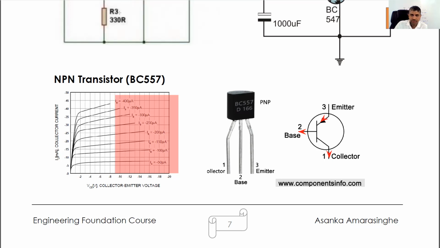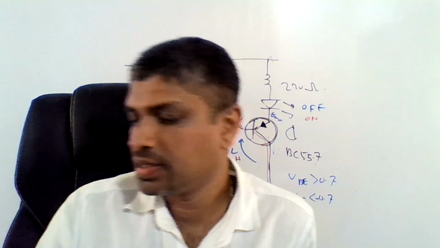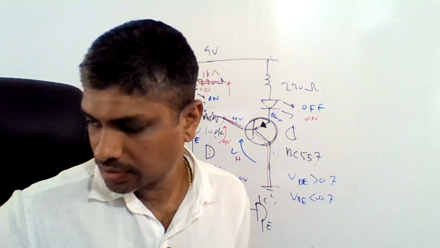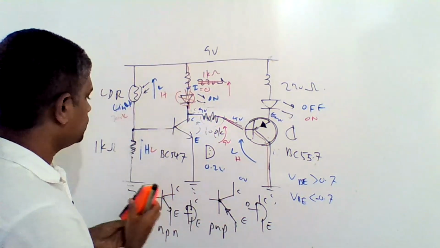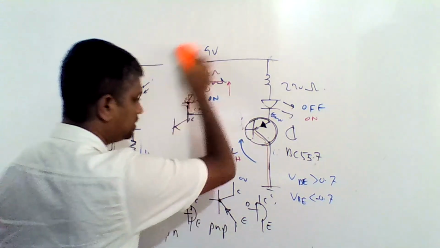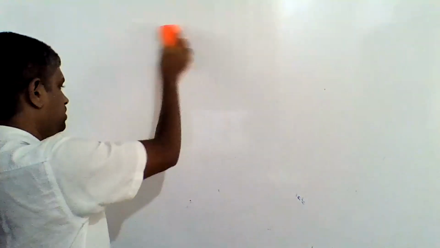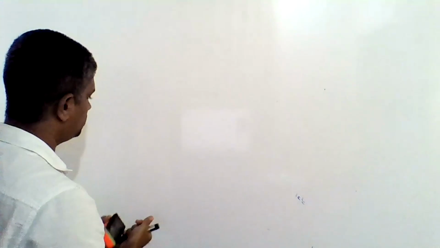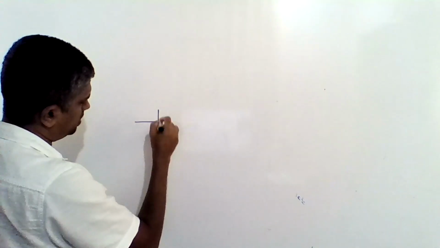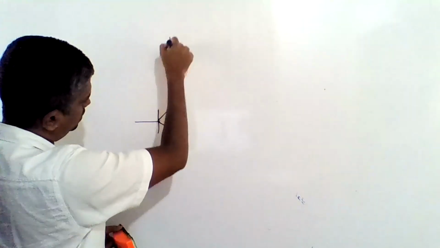Okay. If you want, you can try a simple circuit like this. Let's say you want to construct the very simple transistor circuit that we constructed earlier.